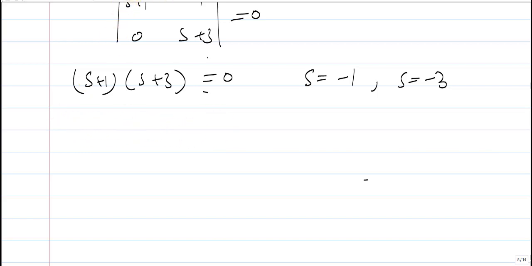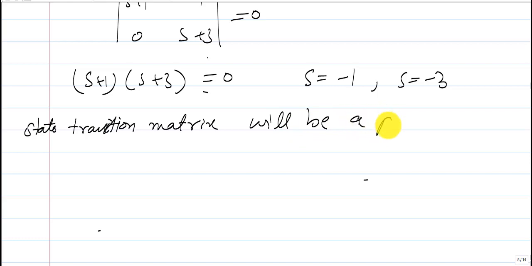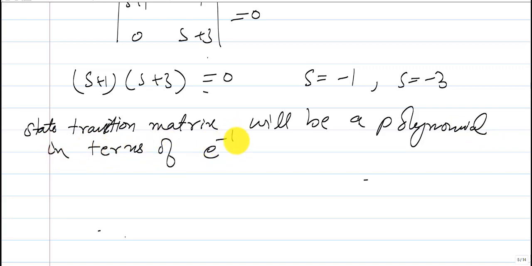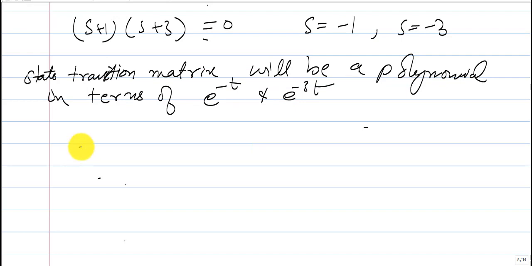The state transition matrix will actually be a polynomial in terms of e raised to the power minus t and e raised to the power minus 3t. So based on these two values, it will be the generalized form. So that will be phi of t, which is equal to e raised to the power At.